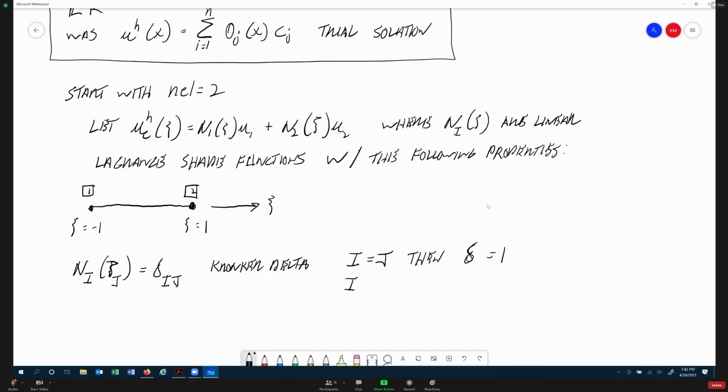And if i does not equal j, it was equal to 0. So what this is saying is that our N_i of C_j is either going to be 1 or 0.